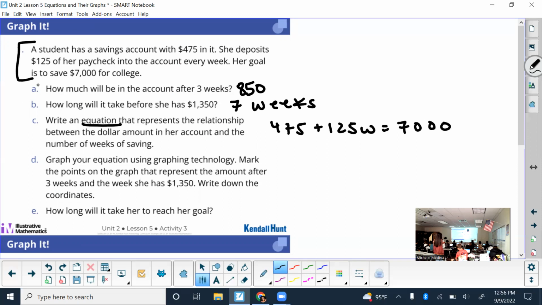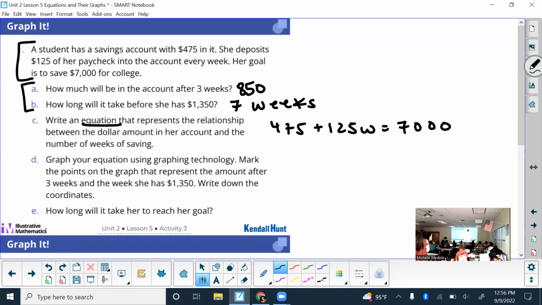To find the answers to the A and B part, let's generalize this a little bit more. What part of this varies? That and what else? So like the 475 is what she starts with no matter what.